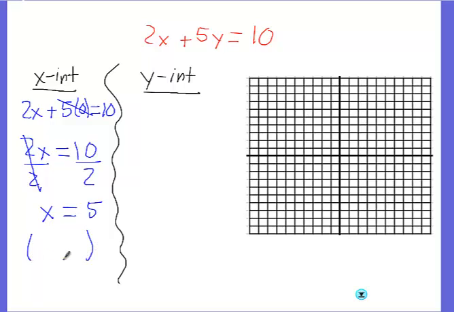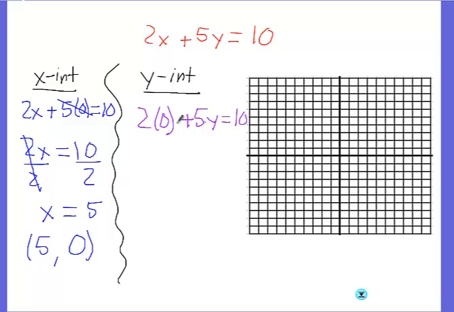So again, what you must do is write your x-intercept as a coordinate because intercepts are coordinates because they're spots on a graph, okay? So we know that x is equal to 5 when y is equal to 0. So that's your x-intercept. Likewise, the way we find our y-intercept, we know that the y-intercept always has a 0 value for x, so we can substitute 0 in for x and solve for y.